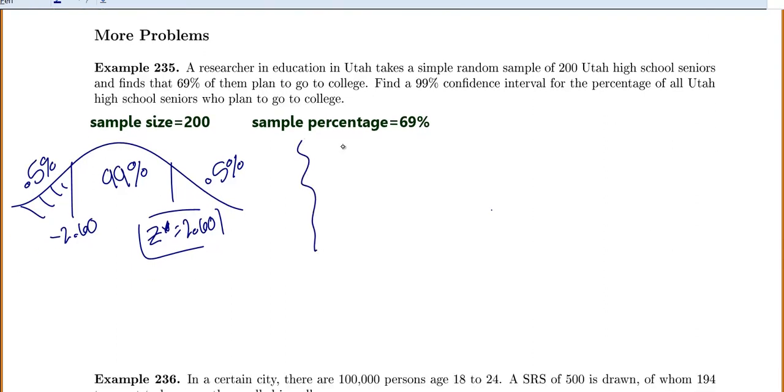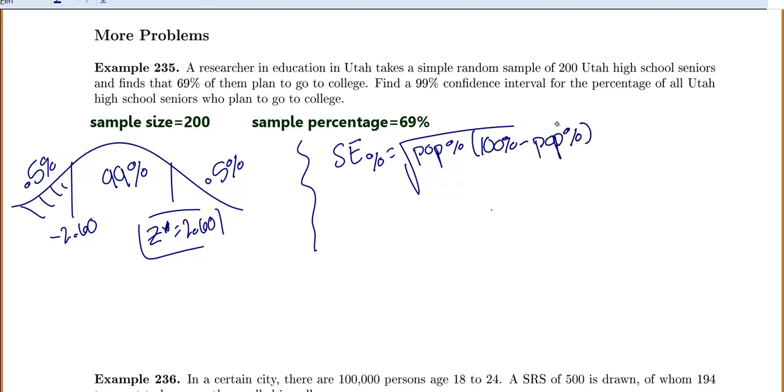And I need to find my standard error, which is equal to the square root of your population percentage times 100% minus your population percentage, over the sample size. We're going to have to estimate that with our sample percentage of 69.